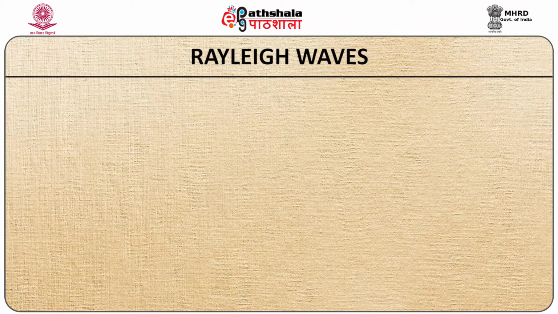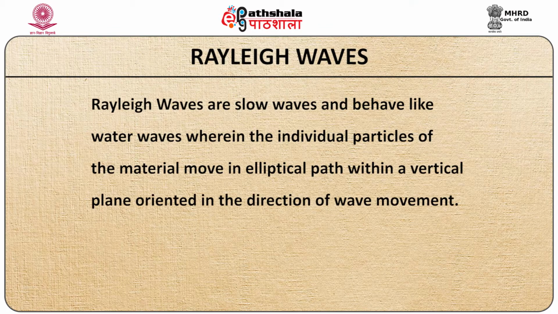Two important surface waves are Rayleigh waves and Love waves, named after the British scientists Lord Rayleigh and A.E.H. Love respectively. Rayleigh waves are slow waves and behave like water waves, wherein the individual particles of the material move in an elliptical path within a vertical plane oriented in the direction of wave movement.